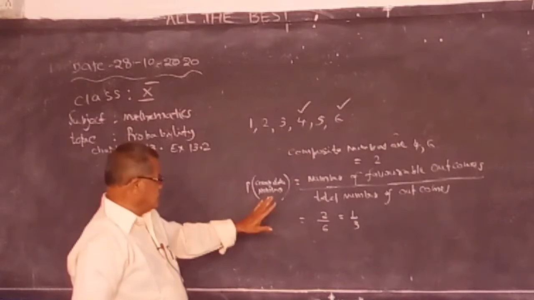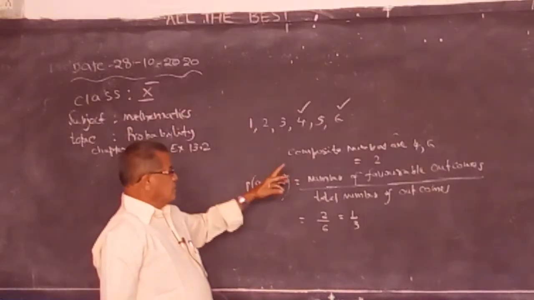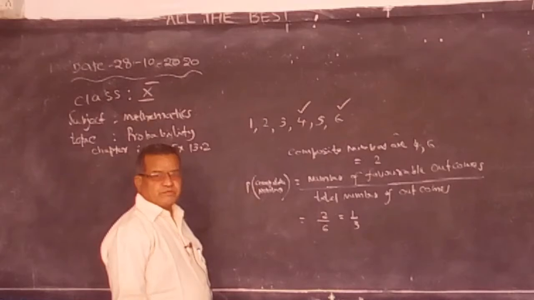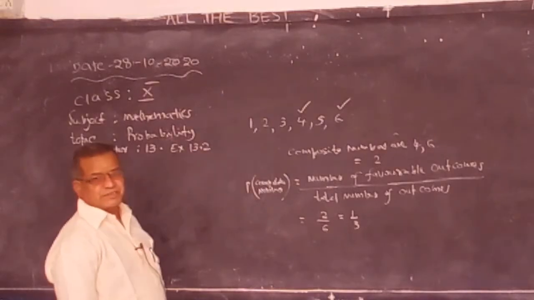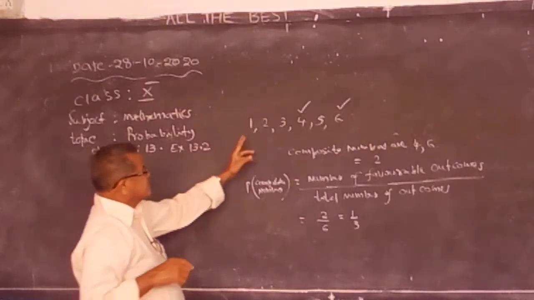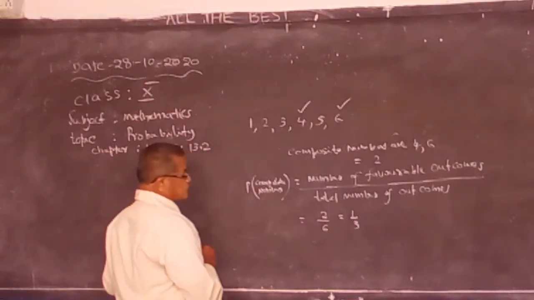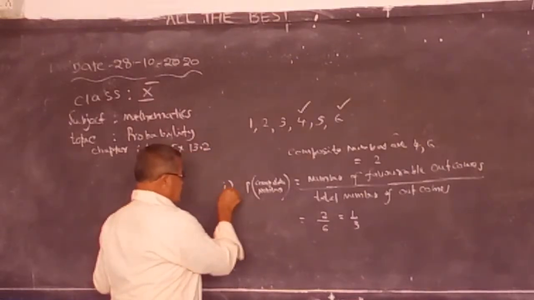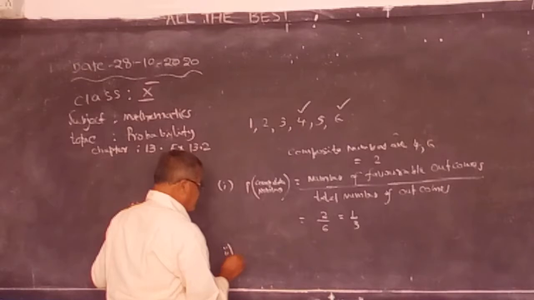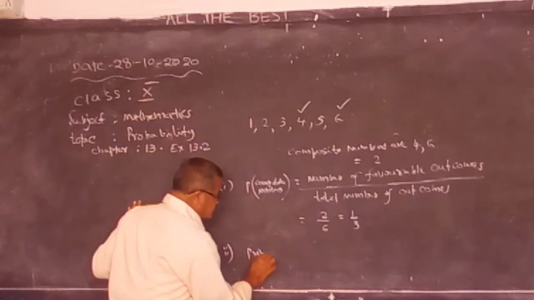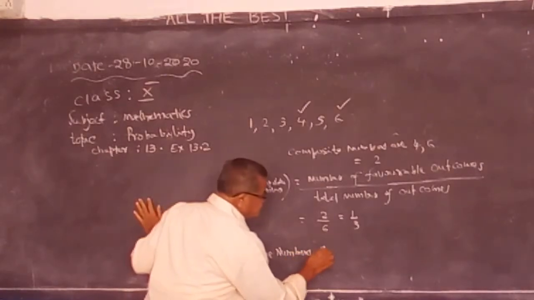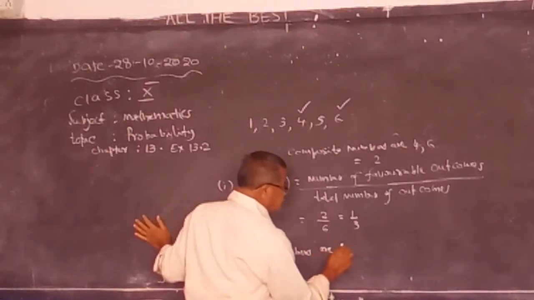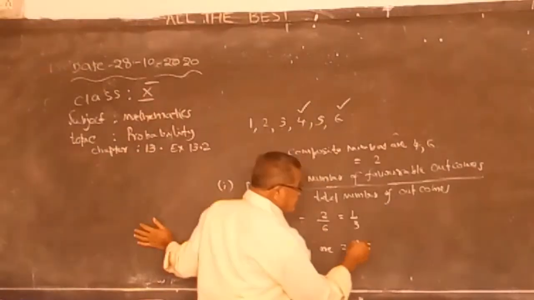So in the public exam they will ask for 1 mark: find the probability of composite numbers. Sometimes probability of prime numbers. Prime numbers are 2, 3, 5.